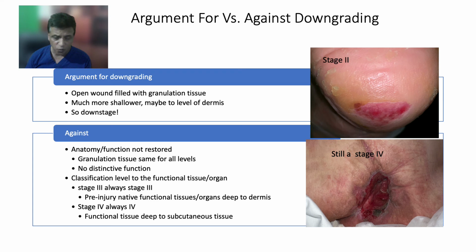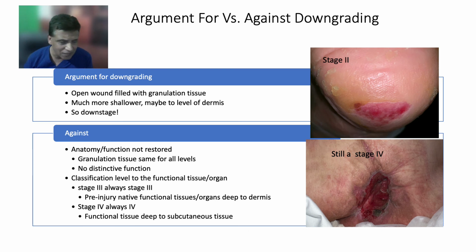In stage 4, we have not regenerated the fat, we have not regenerated the dermis. And in some cases, as we already discussed, on the calf, the stage 4 extended into the muscle, and we have not regenerated the muscle tissue.